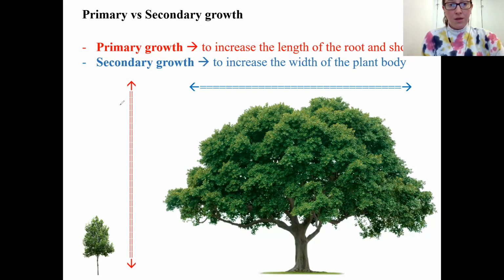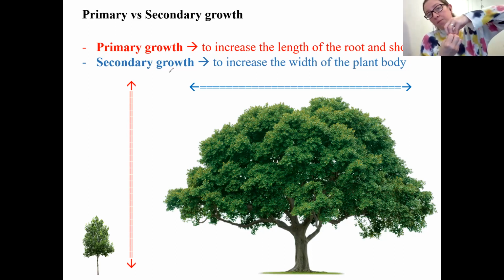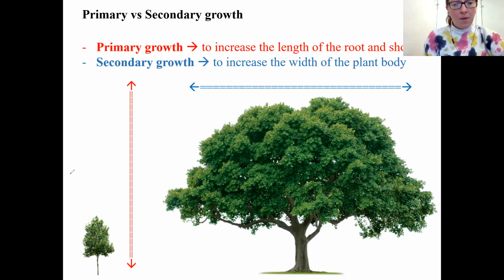On the left, the purpose of primary growth is to increase length, because primary growth is due to those primary meristems made by the apical meristem. So look at this little tiny tree on the left. This little tiny tree needs to get taller.